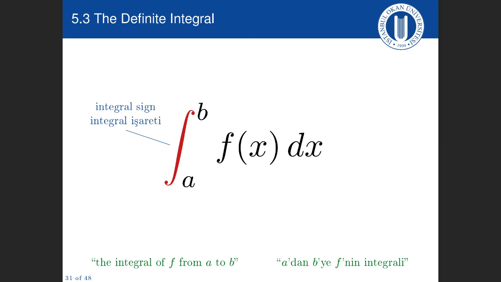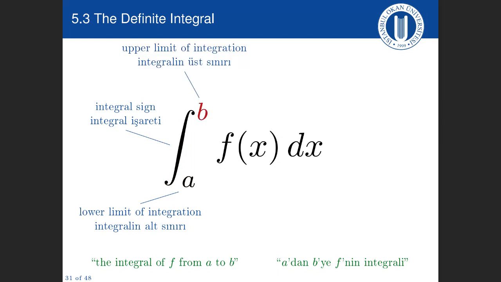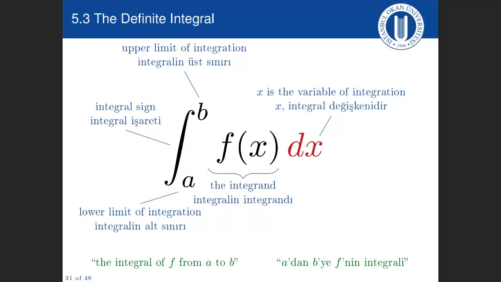Sums start with the letter S. So an integral sign is a stretched letter S. The a on the bottom of the integral sign is called the lower limit of integration. The b on the top is called the upper limit of integration. The function that we're integrating is called the integrand. And the dx on the end tells us that x is the variable of integration.